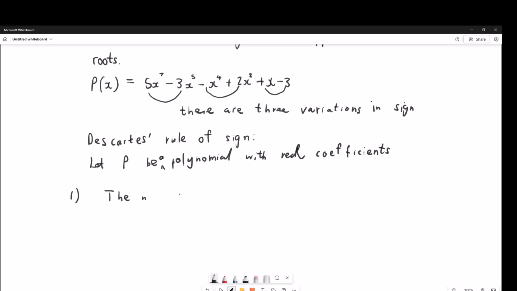I'll just say number, NO dot, and a plus sign for positive, so just shorthand notation: number of positive real zeros of P of X.